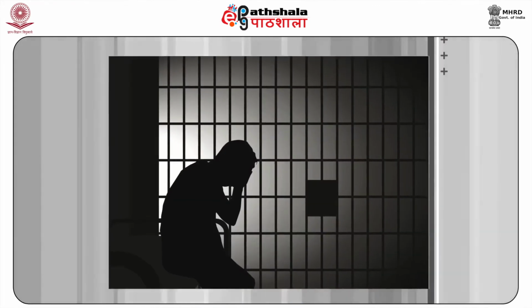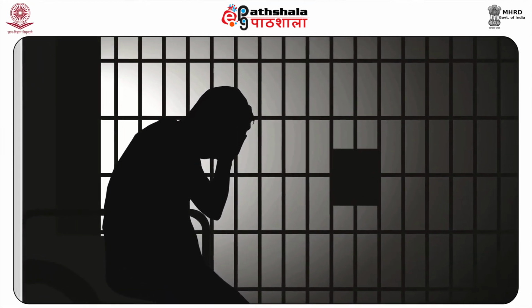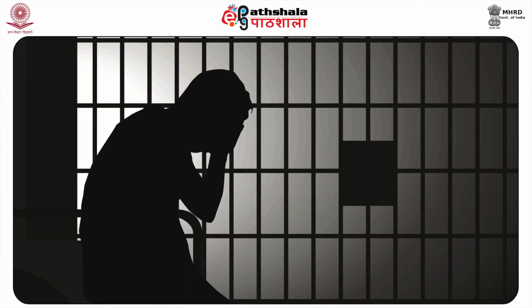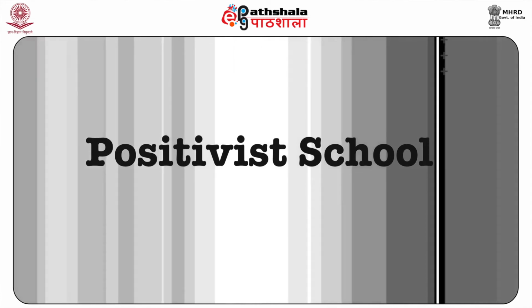The classical school of thought came about at the time when major reform in penology, that is, the study of punishments and of crime and prison management, occurred, with prison dwelt as a form of punishment. Next school is the positivist school.